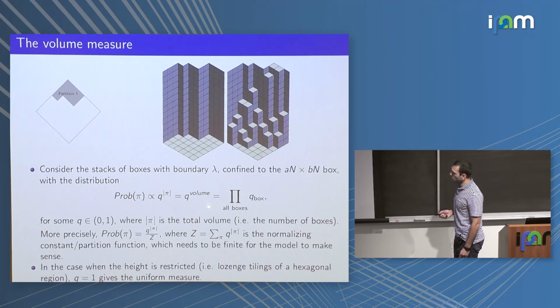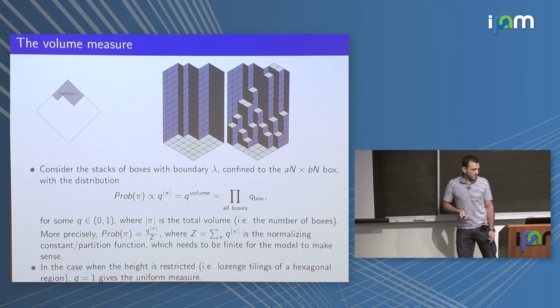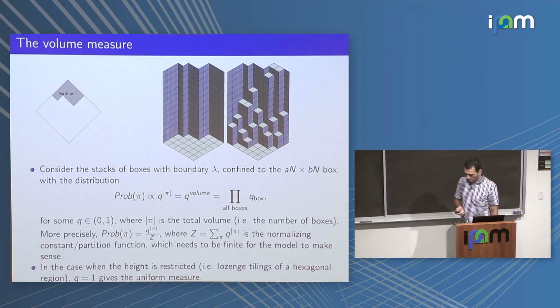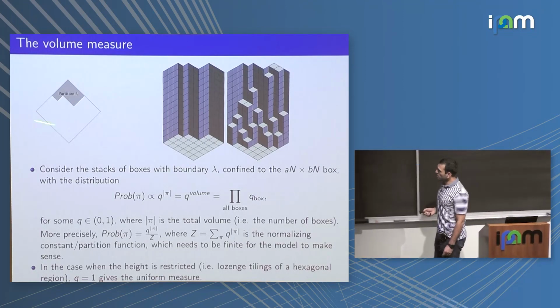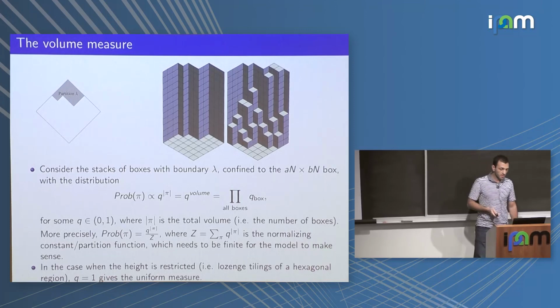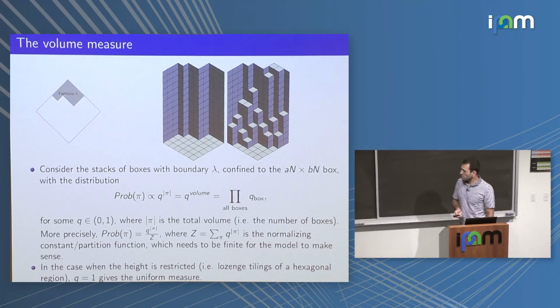Of course, to get the probabilities, you have to normalize this by what's called the partition function, which is just the sum of all the weights over all possible partitions. In the case where you put a restriction on how high the configurations can be, then you can take q equal to 1, and you get the uniform measure. But if the height is not restricted, then q should be strictly less than 1.